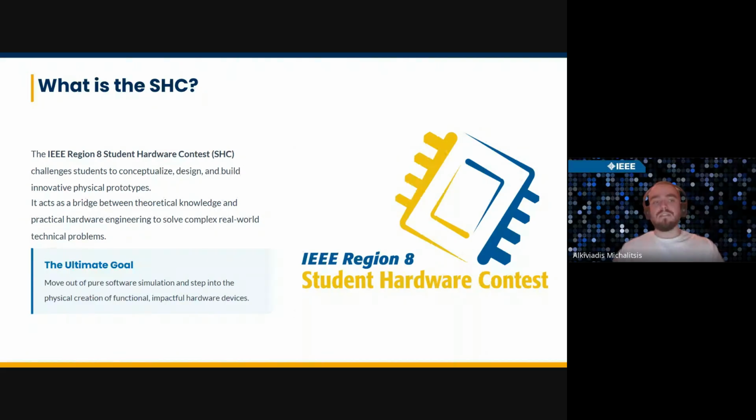It acts as a bridge between theoretical knowledge and practical hardware engineering to solve complex real-world technical problems. Our ultimate goal is to move out of pure software simulation and theoretical thinking and into the physical creation and building of functional, impactful hardware devices that can also help humanity.